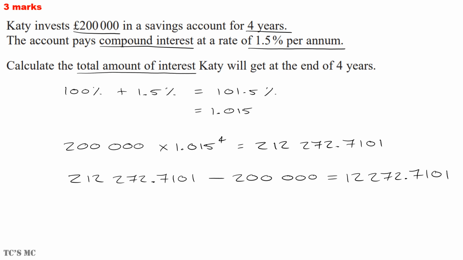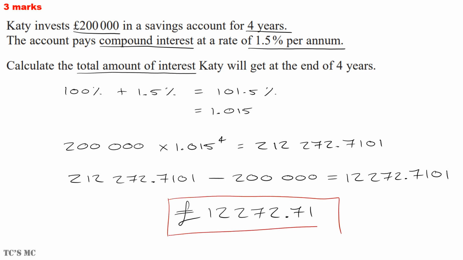Remember, money should be left to 2 decimal places, so the final answer, the total amount of interest that Katie will get at the end of 4 years, is £12,272.71, and having that answer will get you the 3rd mark.